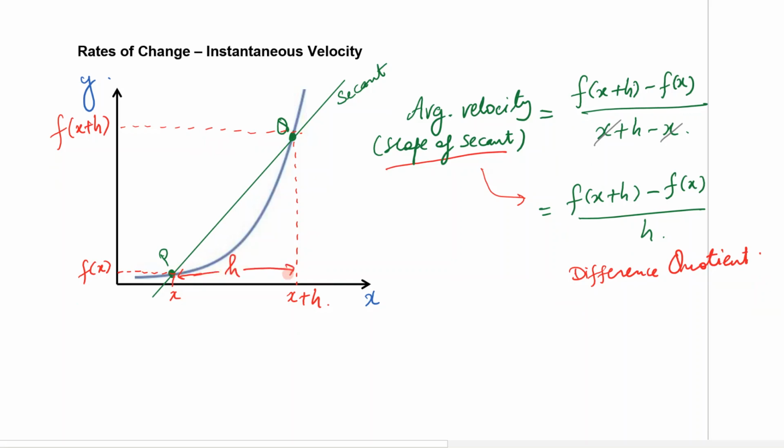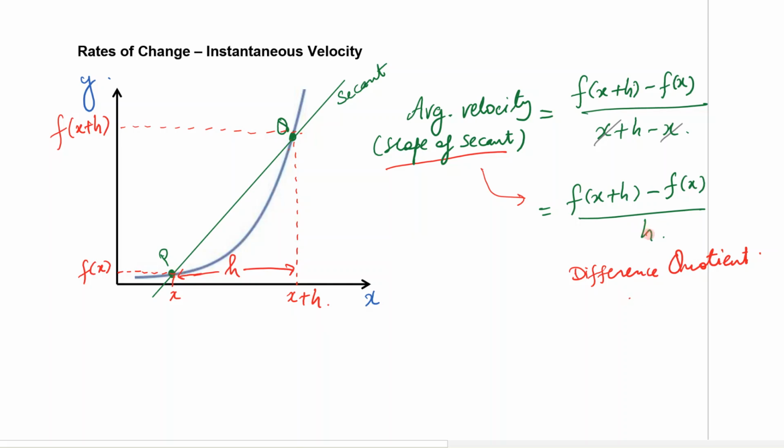If we want to find the instantaneous velocity, as we discussed earlier, we can bring Q closer and closer to P. The limiting value of the slope of secant will give us the slope of tangent. If I make h really, really small, it means Q is really, really close to P, and in that case we get the slope of tangent.